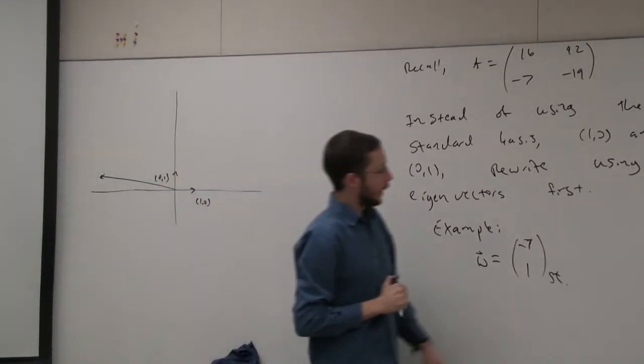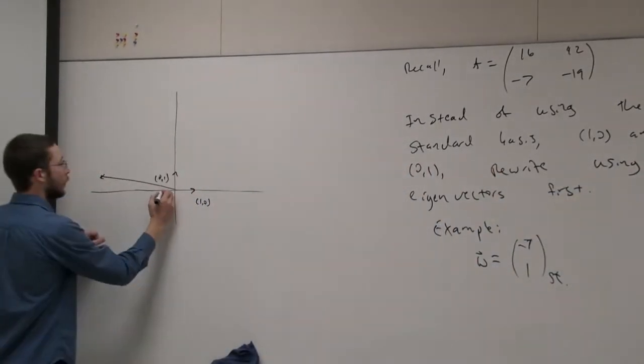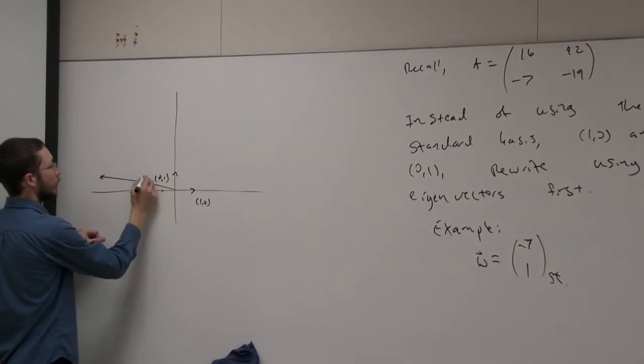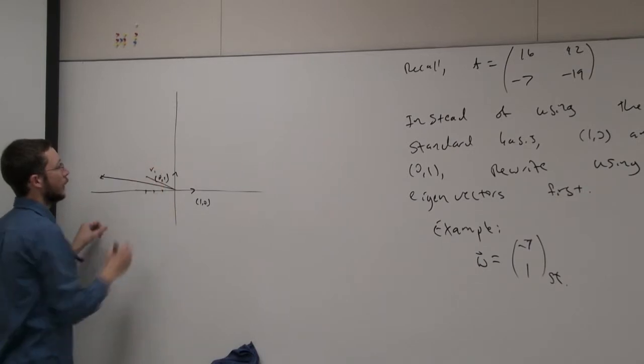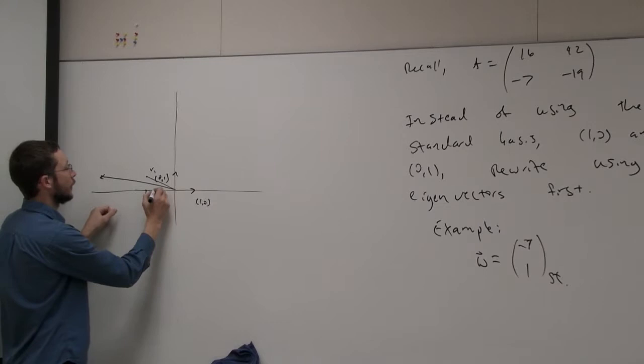And what the eigenvectors look like is we've got -3, 1, so there's our first eigenvector, and then -2, 1 is going to be this eigenvector.